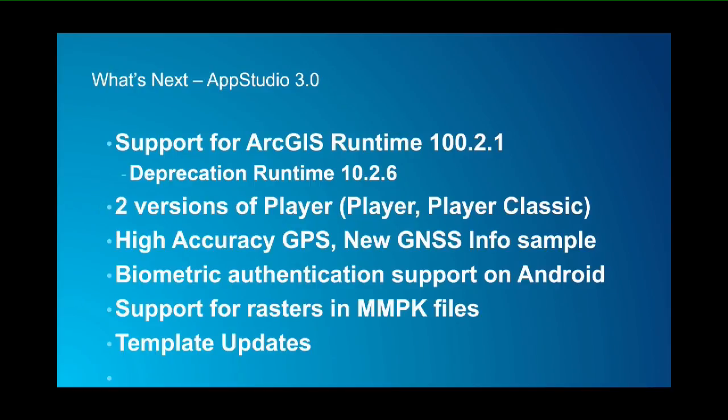So we've done a lot of work there, and we've got a new sample and some great examples showing you how to connect to that device and bring that data in. So very cool. The GNSS info sample shows you everything you need to do to connect to those.